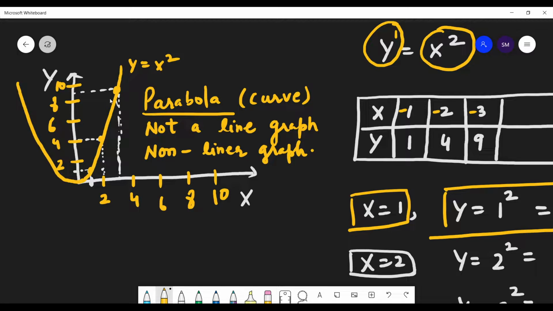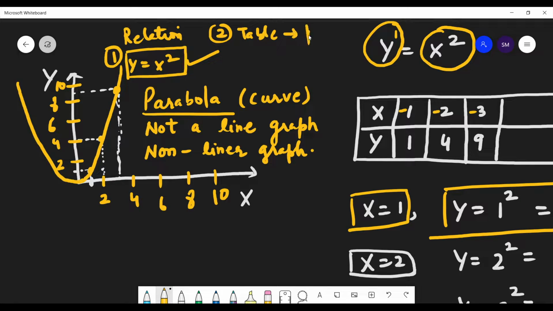So you have understood how to plot a graph. First of all, you need to know the relation between x coordinate and y coordinate. So this is the relation. And then take the points and then join the points. So first thing is relation. Second thing is draw the table.